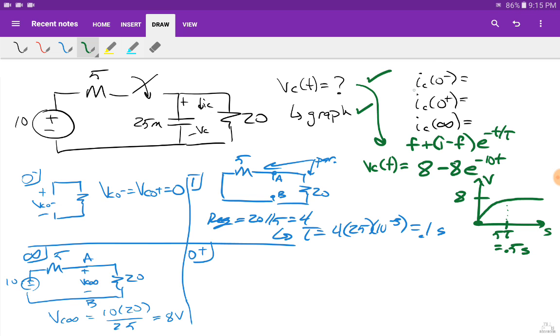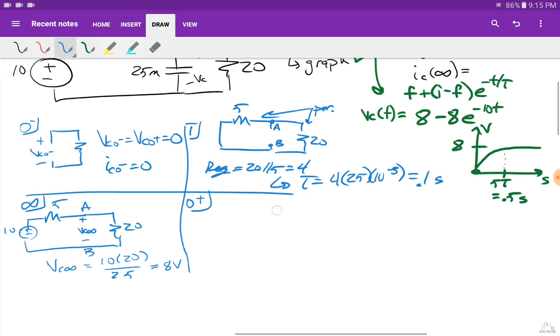Okay, all that's left is for me to find the currents through the capacitor at these different times. All right, so let me just go back to my analysis points. Since this whole circuit is devoid of any energy, if there's 0 voltage and there's 0 energy, there has to be, that's not an L, that's a C. It has to be 0. IC 0 minus equals 0. Okay, come over here at IC infinity.